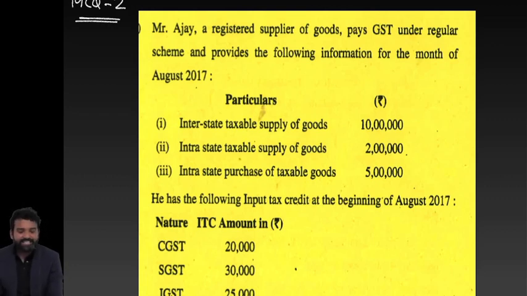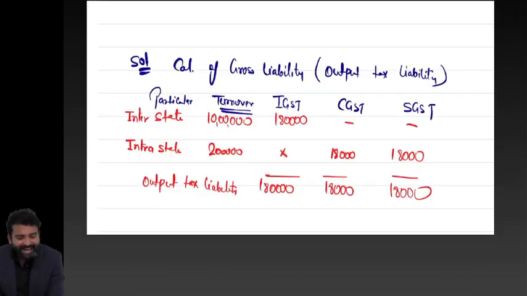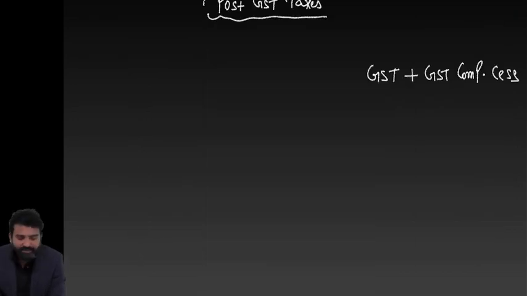I have some taxable supply, some purchases, some opening balances, and I have also attached the solution. So when you are solving this question at home, first solve it without looking at the answer. In the next slide, I have attached the solution as well, but don't refer to the solution. First, go for the question without looking at the answer.